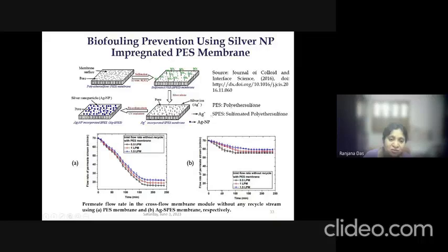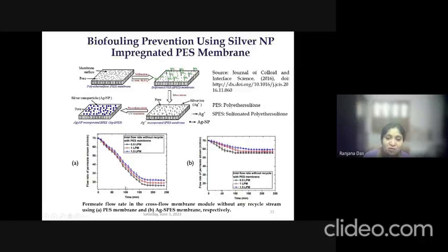Since the reaction is involved there, it finally attaches to the sulfonated PES membrane. If the silver coated membrane can be used in such a way, obviously it will reduce the effect of biofilm formation by its antimicrobial properties.